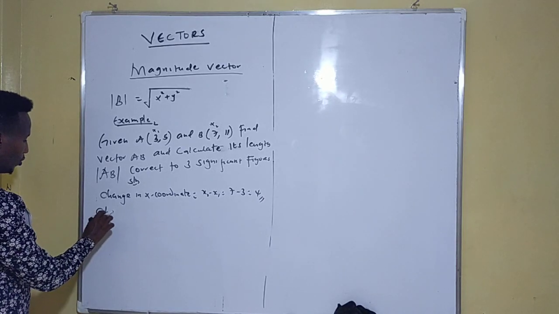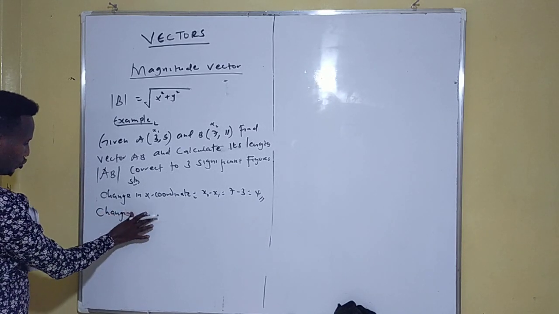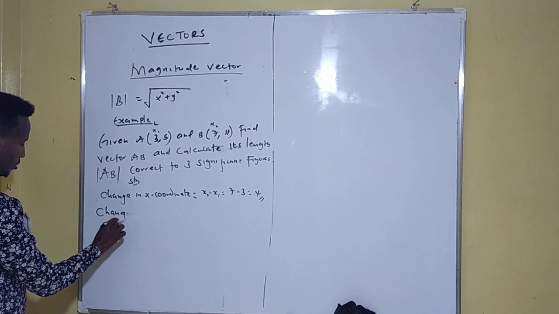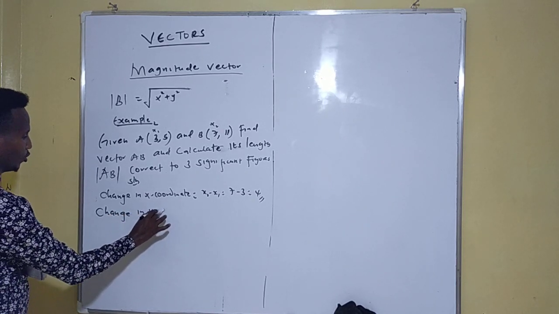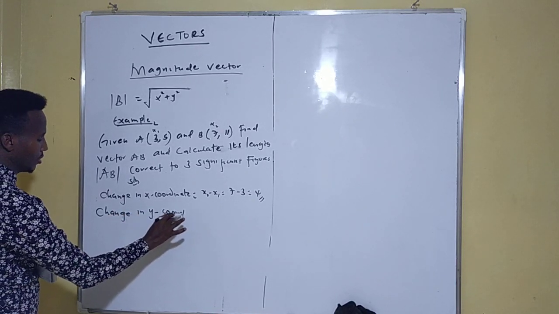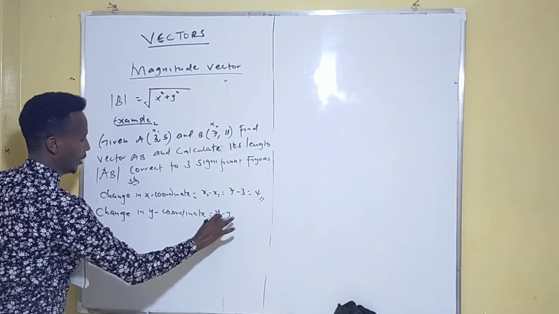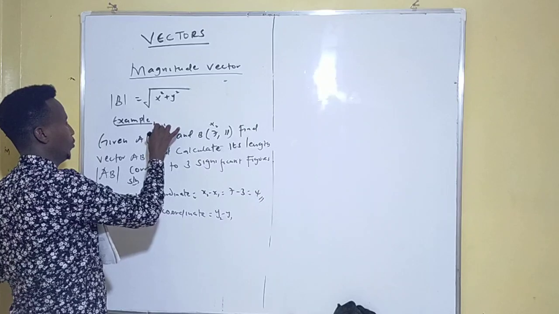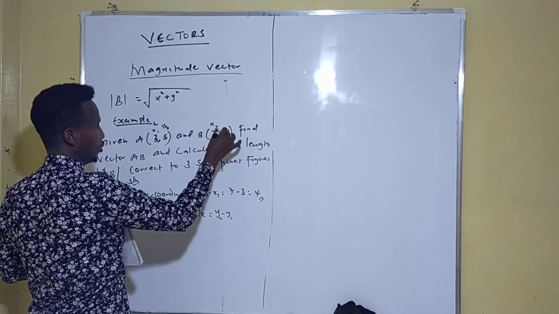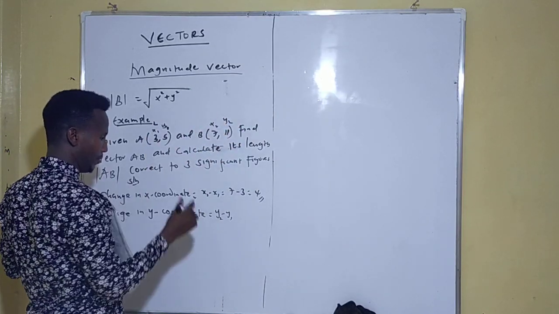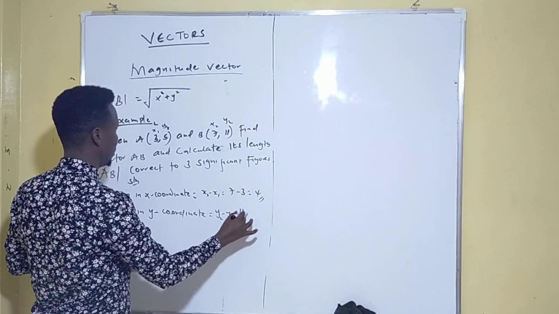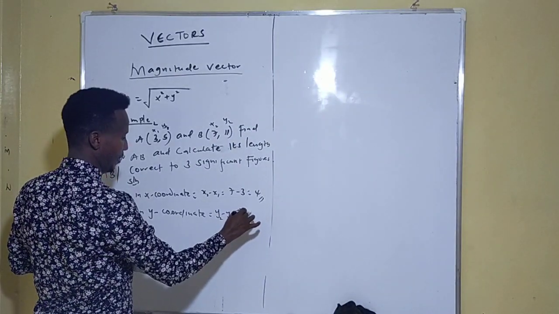Then the change in y coordinate is equal to y2 minus y1. Remember, this is y1 in the first point here. This is y2, 11, okay? So that's 11 less 5.